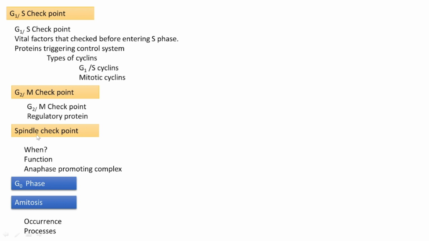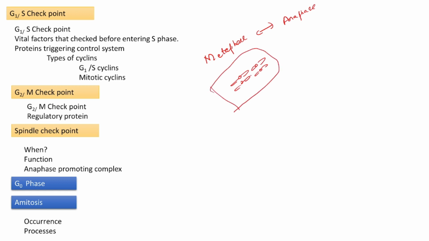Okay. Next checkpoint is the spindle checkpoint. As the name implies, it checks whether the spindles are correctly attached to the sister chromatids. It is the checkpoint between metaphase and anaphase. During metaphase, the chromosomes are correctly arranged in the equatorial plane of the cell, and during anaphase, the sister chromatids are dragged to opposite poles.